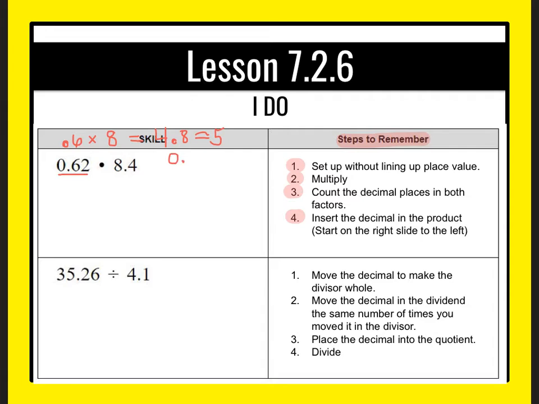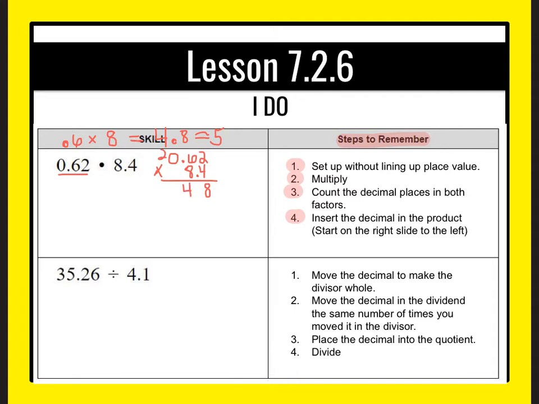So when I actually multiply this out, I'm going to do step number 1. When I multiply 0.62 times 8.4, remember, I am not going to worry about my decimals at all. I'm just going to line up without place value. I know that my answer should be close to 5, okay? So if I multiply these two out, I know that 4 times 2 gives me 8. 4 times 6 is 24.